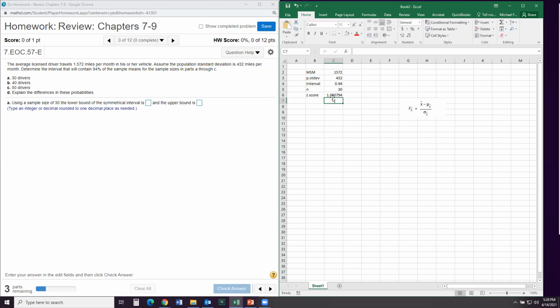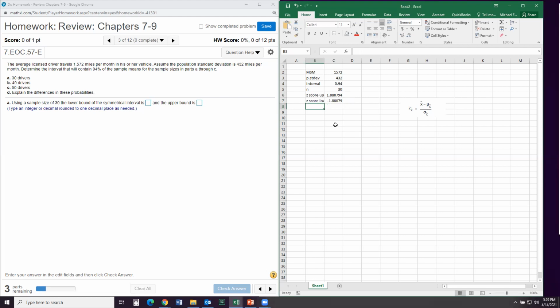Okay. And then the z-score of the lower bound would just be norm.s.inverse, and that would be 3%, the point at which 3% of the values are below that point and 97% are above. You could probably already guess that it's just going to be the negative, because we're in z-score, of this one.